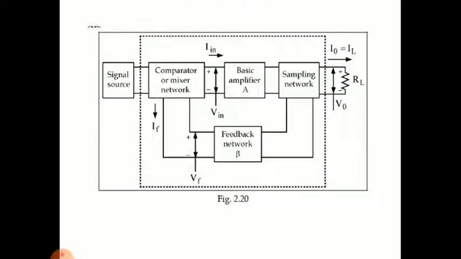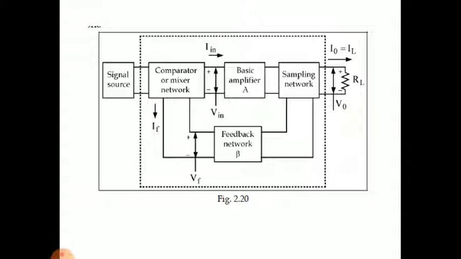First, see the basic block diagram of a feedback amplifier. If you observe in the block diagram, from the left side we have the signal source, which is connected to the comparator or mixer network.